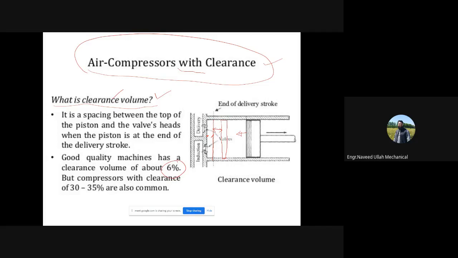So now from here it starts delivering the air, okay, at that required pressure. And when this piston comes to this position, it has delivered all the pressurized air, okay, except the one that is trapped in the clearance, right?